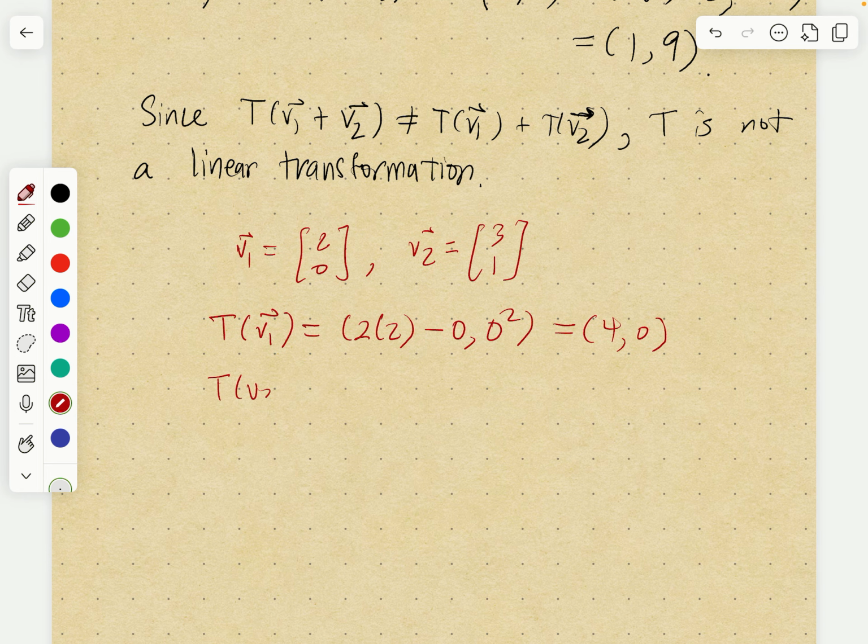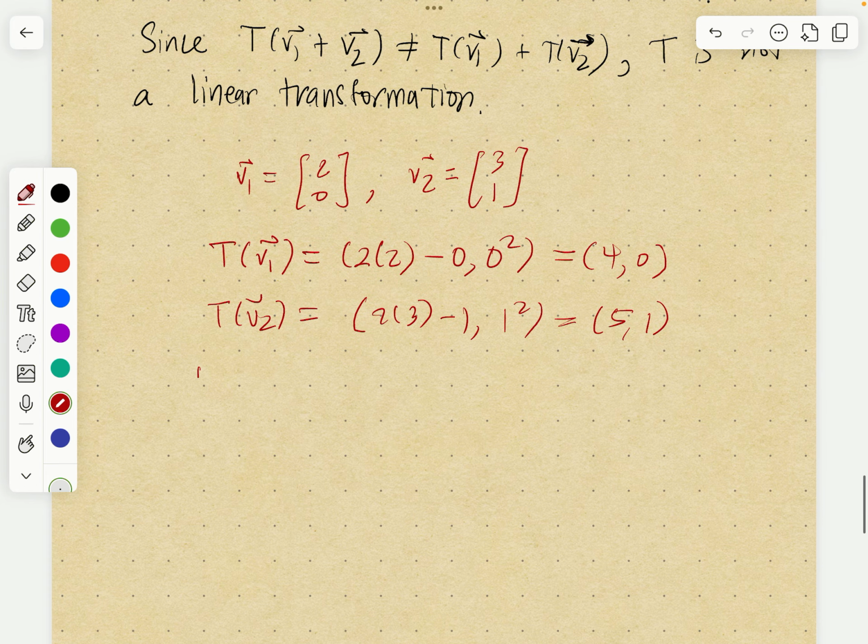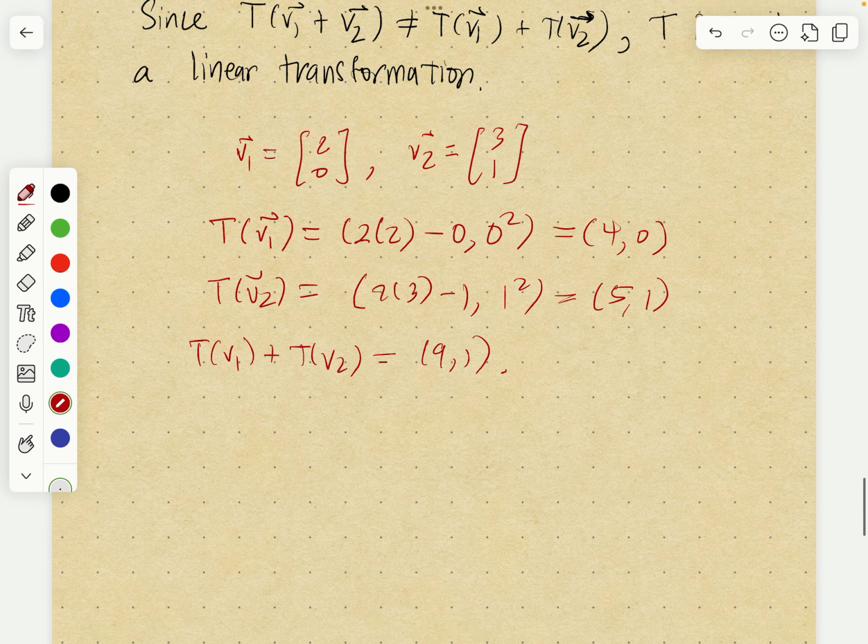Then they calculate T of v2: (2 times 3 minus 1, 1 squared), that's (5, 1). So when you add T of v1 plus T of v2, you get (9, 1).